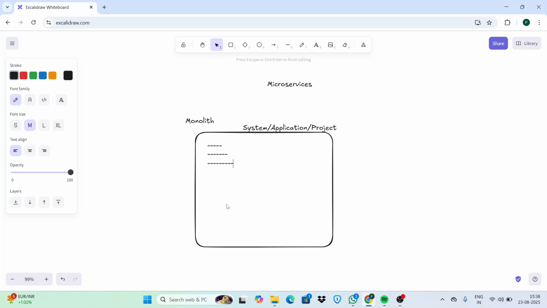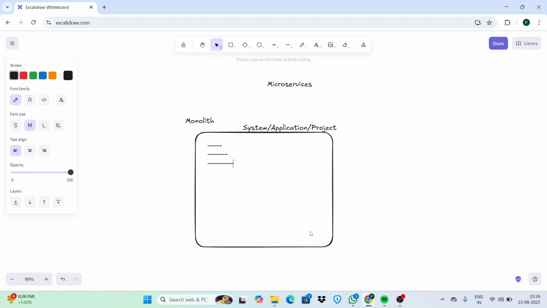So if any bug occurs, the developer has to find where the bug is and fix it, and at the time of deploying, the developer has to redeploy the whole application. So it is somewhat time consuming. Monolith architecture is beneficial for a small project where complexity is not there.